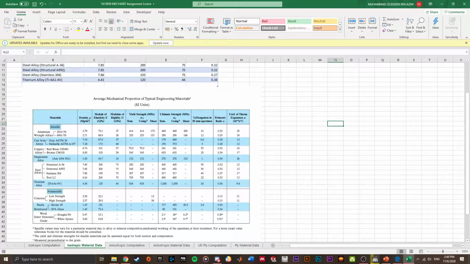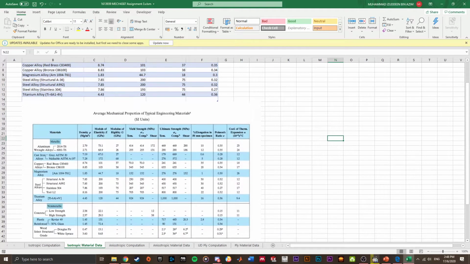Here you can see, for example, aluminum 2014. It has 73.1 GPa of modulus of elasticity and 27 GPa of modulus of rigidity. What is meant by modulus of elasticity?